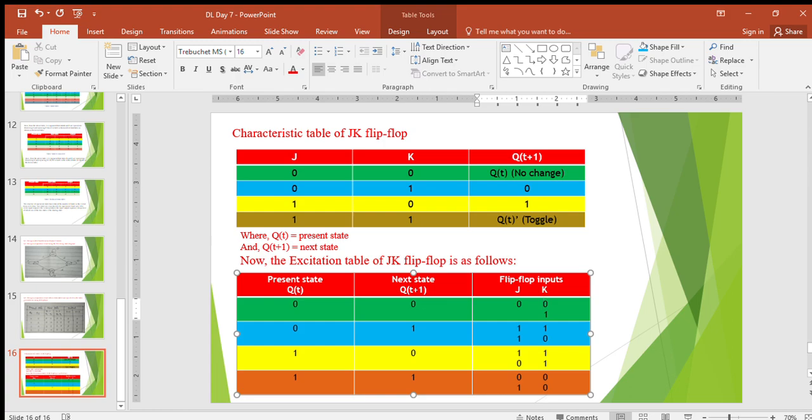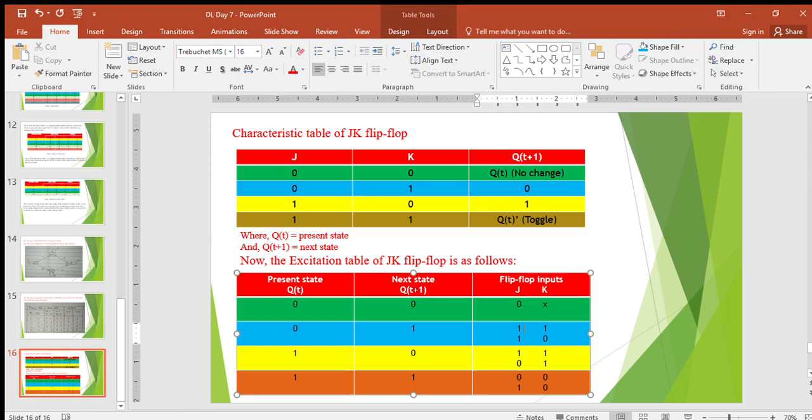It has an indistinct value. It can be either 0 or 1, so it does not matter to us whether it has the 0 or 1 value. So we treat it as a don't care condition, because it doesn't matter whether the K input has 0 value or 1 value. It is a don't care condition.